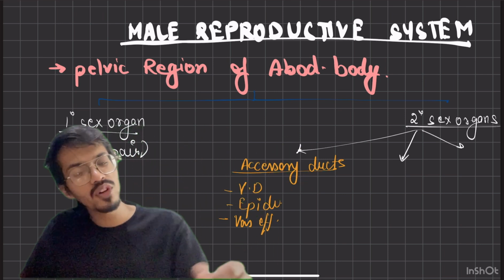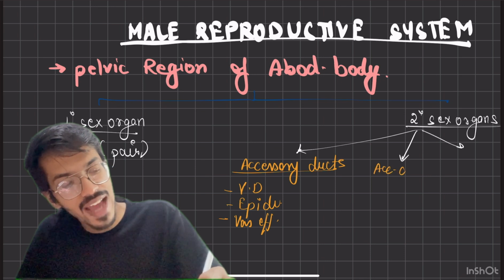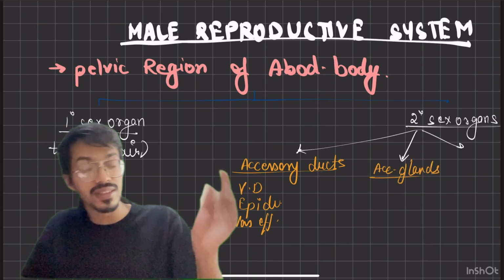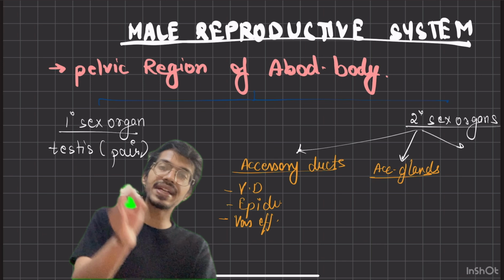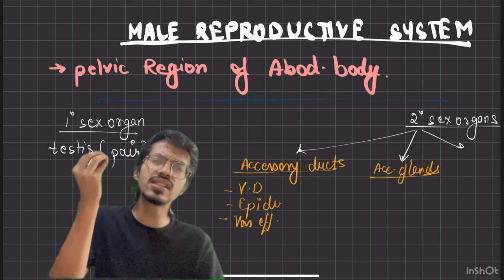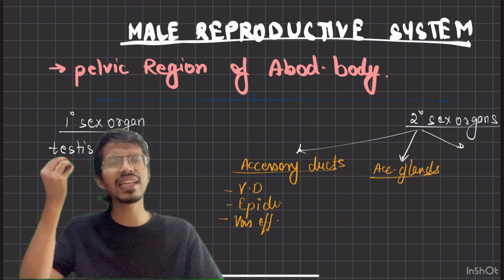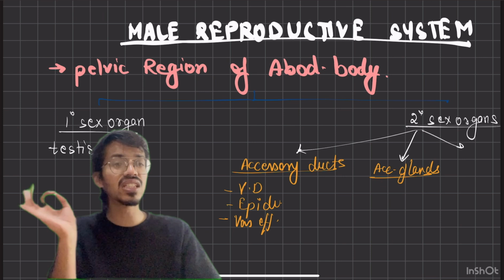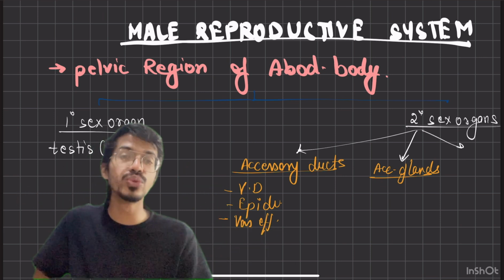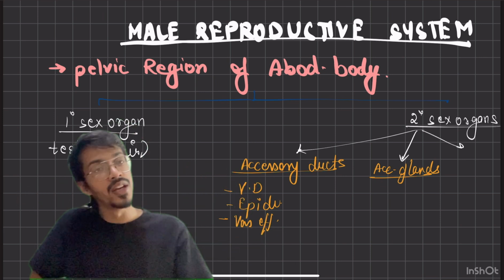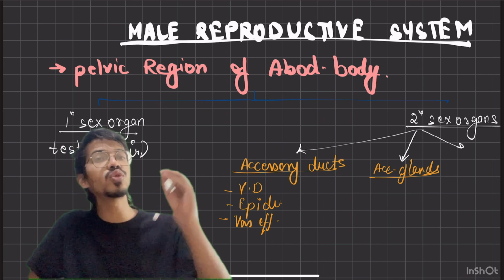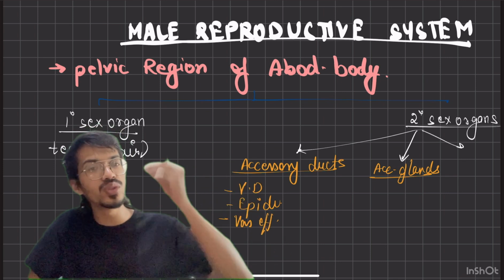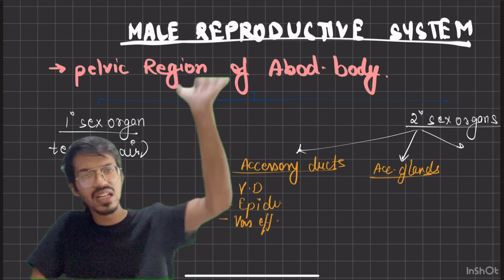Moving on, second is the accessory glands. These glands add certain fluids, nutrients, enzymes, and even certain biomolecules into the sperm, to make it more nutritive and able to survive in the female tract. We will learn later on.